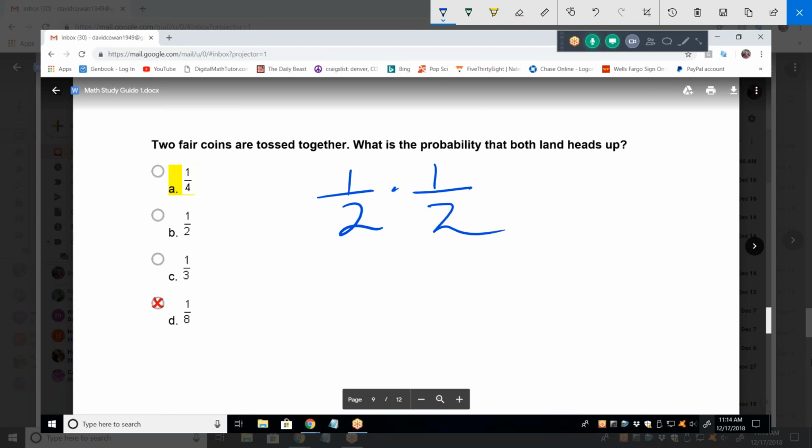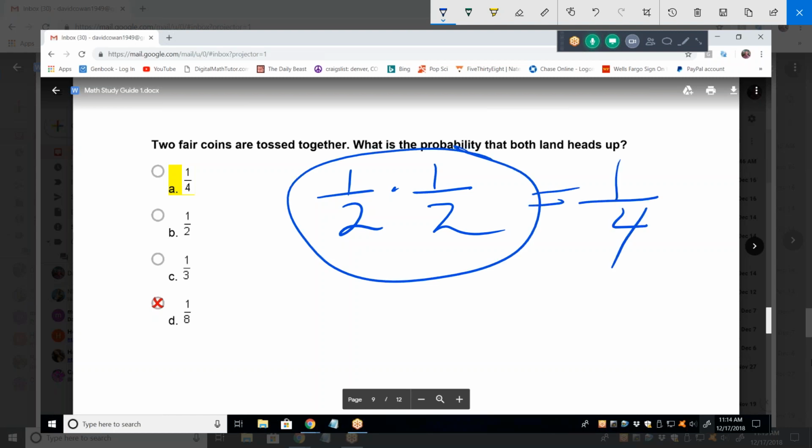Since both have to occur, you multiply them together. That's all you do. 1/4. If the question was you flip it 3 times and it has to land on heads all 3 times, then it's 1/2 times 1/2 times 1/2, and that's when you get 1/8.